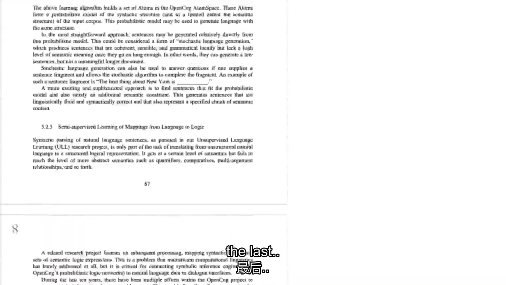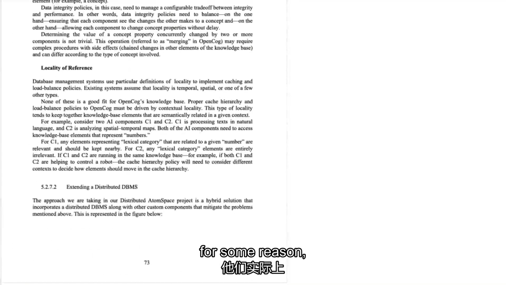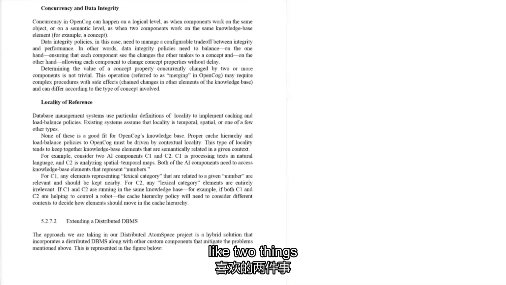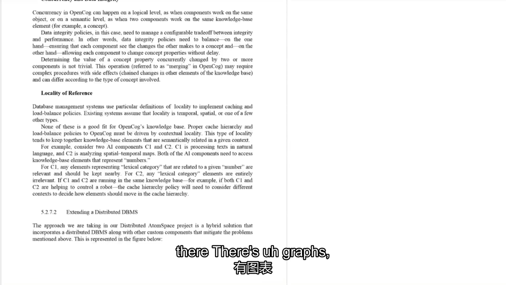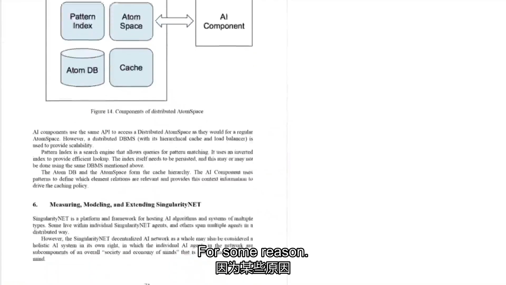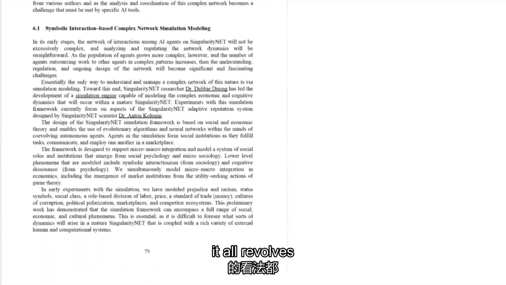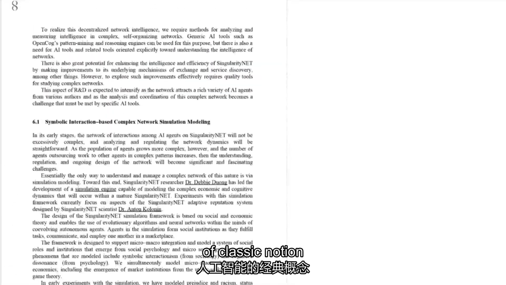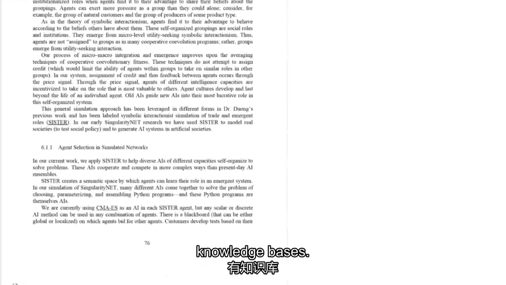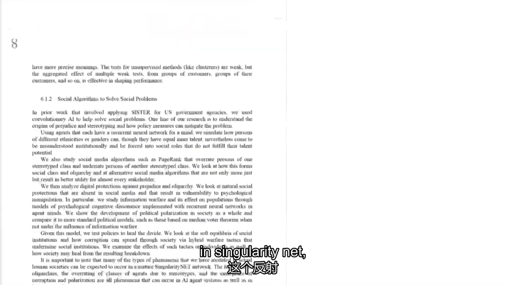The last point. Yes, it's very long. So these people, for some reason, there are two things they love, or three. There's graphs, domain-specific languages. For some reason, they love graphs and domain-specific languages. So their idea of AI all revolves around the classic notion of AI. So there are knowledge bases, and then there are graphs, and you can see this reflection in SingularityNET, right?